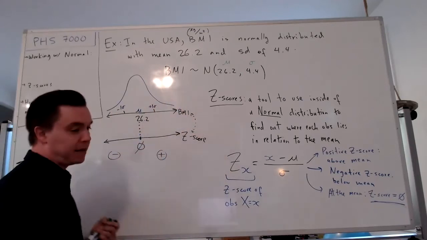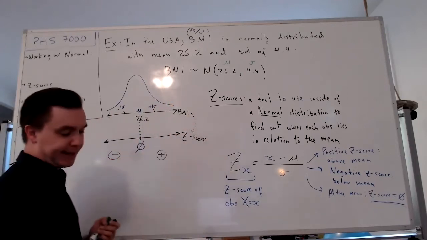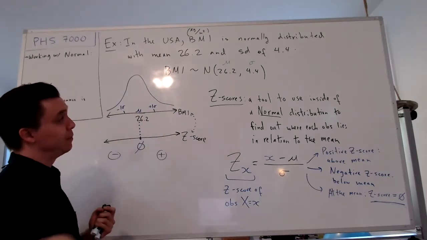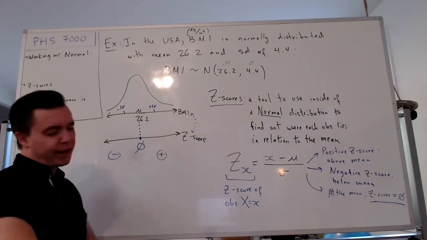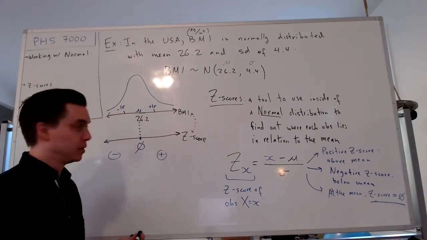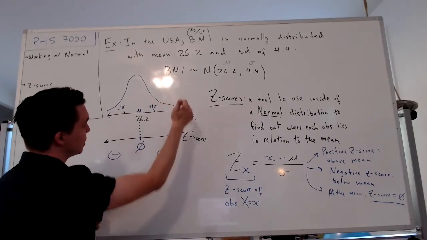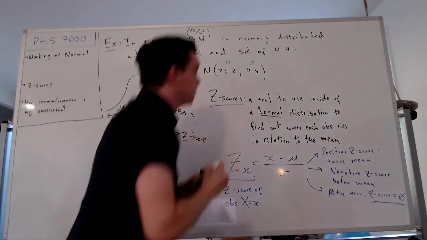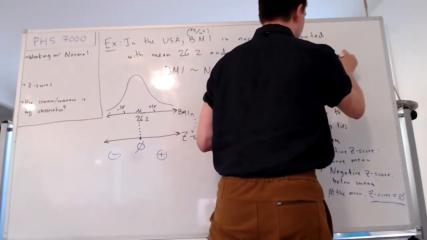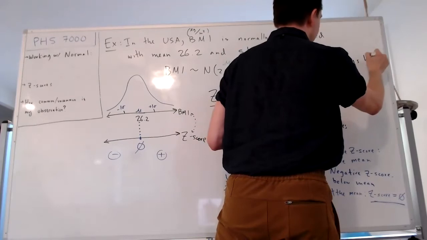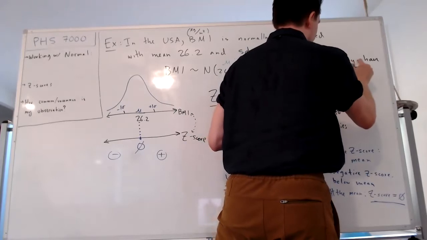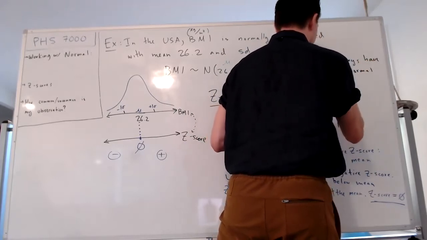If I was measuring not BMI, if I was measuring blood pressure, this would be like in millimeters of mercury. So it would be something like 130 would be the mean, and I don't know, maybe 20 might be the standard deviation. But the Z-score doesn't change. Once you transform from whatever it is you're measuring to the Z-score, this Z-score always has a standard normal distribution.